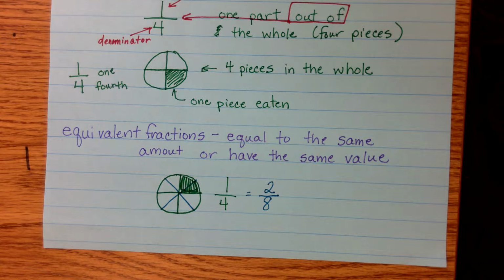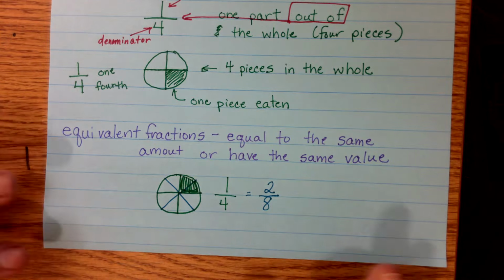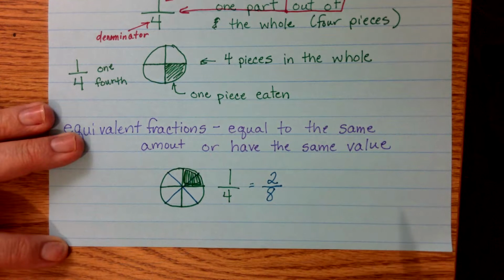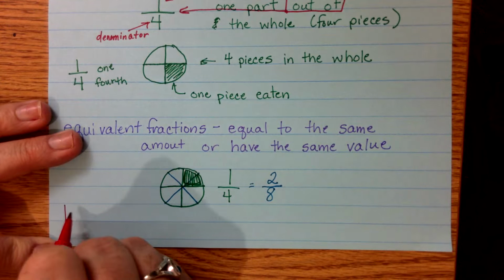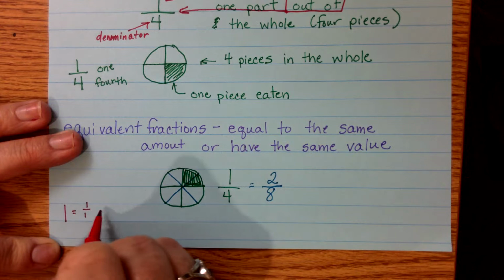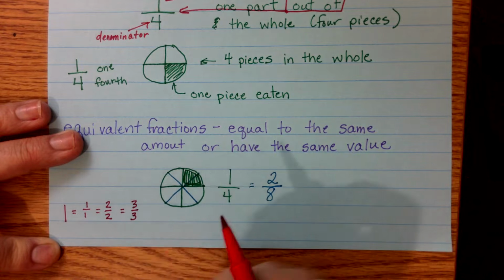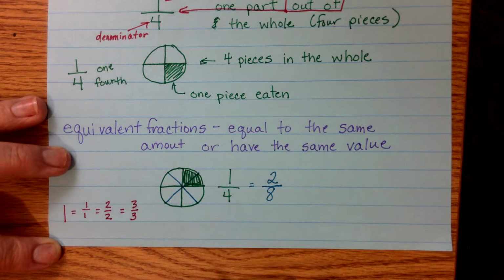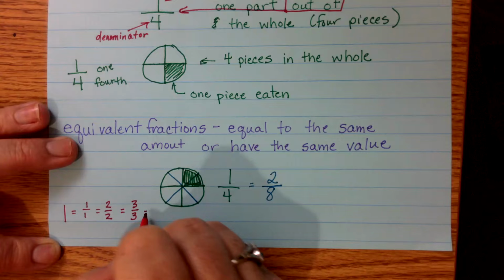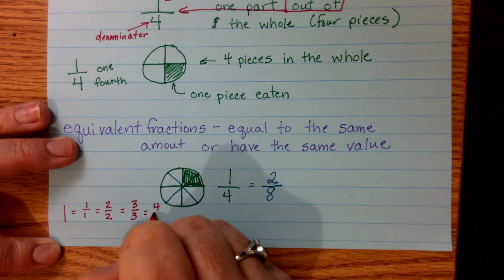You probably have seen this done with both whole numbers and halves. So if you want, you can make something that looks like this. 1 whole equals 1/1 equals 2/2. These are all equivalent fractions. 3/3. Anytime you have the same number over the same number, that's a whole number or 1. 4/4.